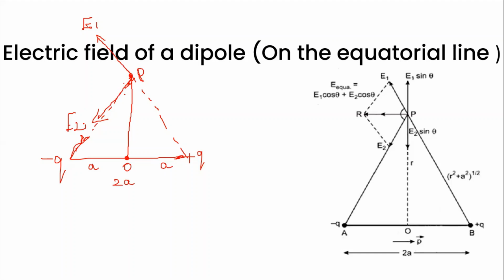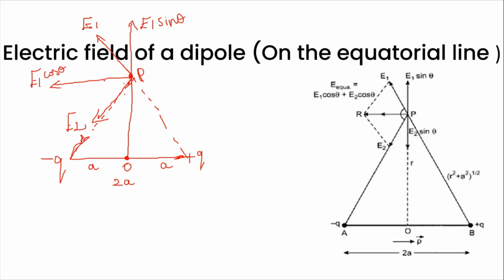When a vector makes an angle with the axis, you all know from the previous year classes that you have to resolve it into horizontal and vertical components, that is sine component and cos component. So if you resolve this vector, E1 will have a sine component in this direction and a cos component in this direction. You will write this as E1 sine theta and this as E1 cos theta.